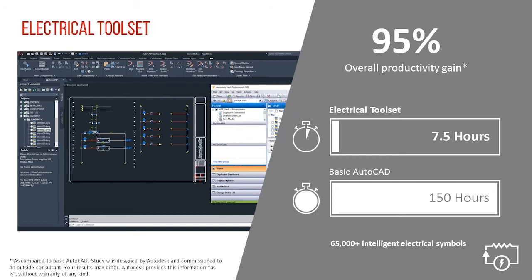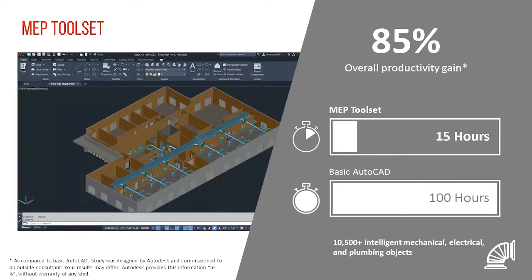So 95%, that's a pretty big gain there. With the MEP tool set, you can see an 85% productivity gain. So with this, you've got over 10,000 intelligent mechanical, electrical, and plumbing objects to aid in the draft design and documentation process.